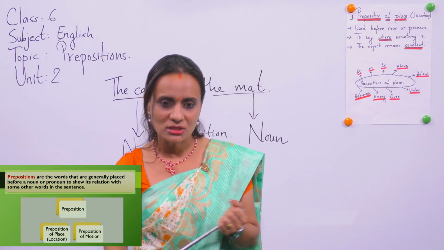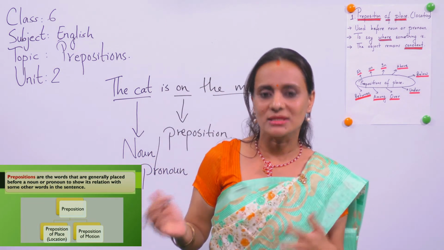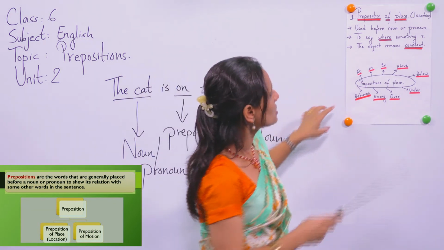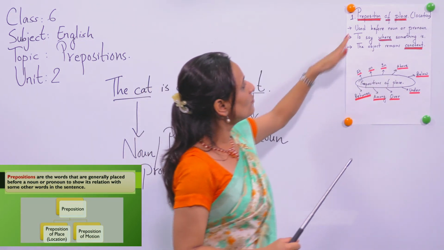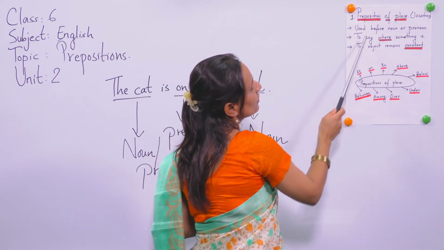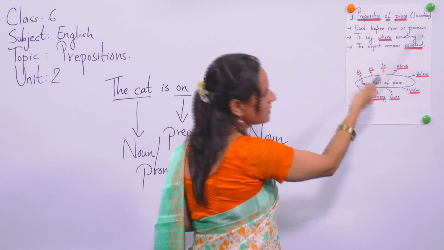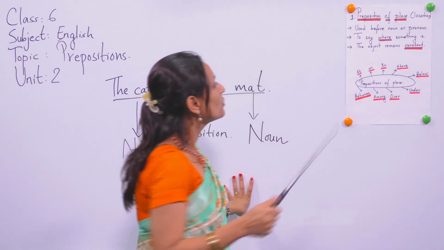Prepositions are used before a noun or pronoun, as I have already told you and shown in the examples also. And here the preposition of place is different: it is used to say where something is, to say which object is where.